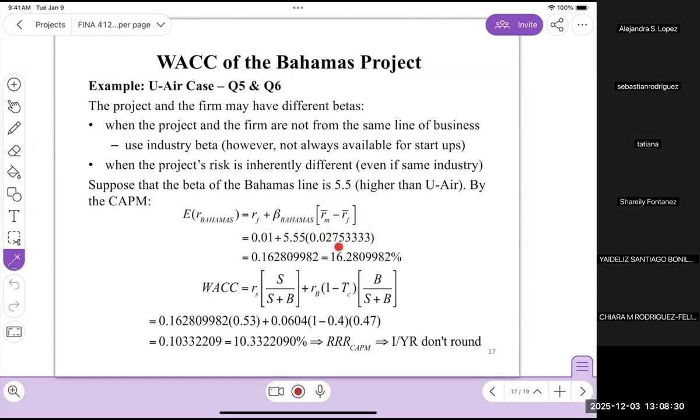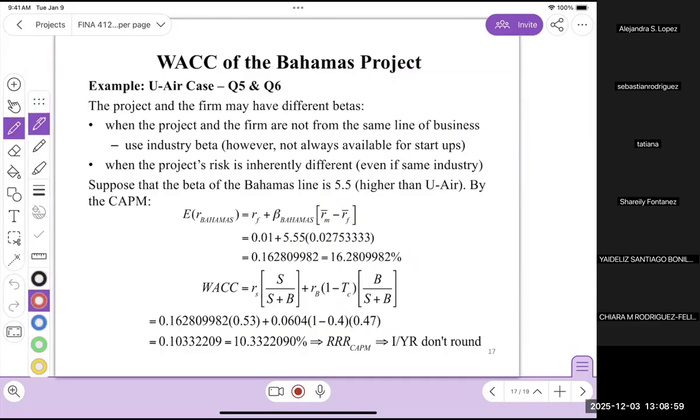And then using the average historical market risk premium of the last 6 years of data, we get 16.28%. We're not done because remember, UAir happens to be a debt issuing firm. So we need to combine this, get the WACC, and doing the math, you guys can check all these details later.